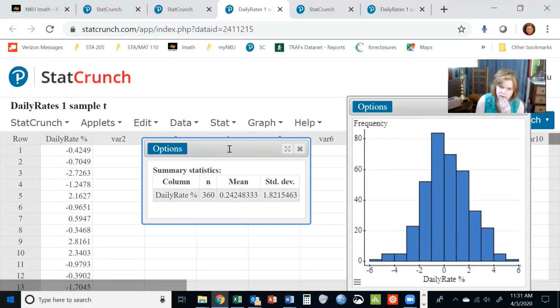So that's a large sample, and for a large sample, we meet the almost normal condition as long as the histogram is not extremely skewed and has no extreme outliers. This one is unimodal, maybe slightly skewed right, but actually it looks symmetric. So this looks almost normal to begin with.